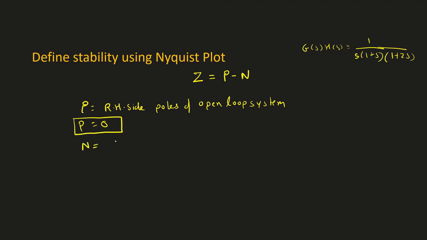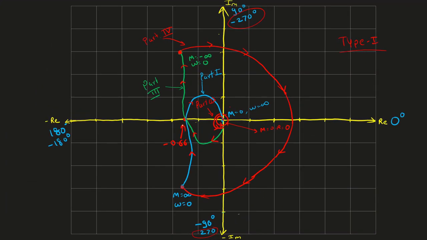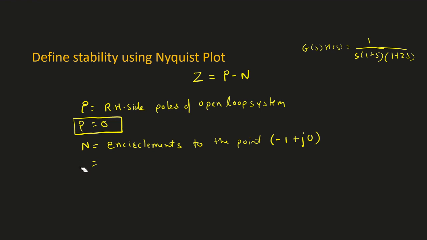Then what is N? N is the number of encirclements of the point minus 1 plus 0 times J. So how many encirclements are there of minus 1 plus 0j in our graph? Let's see the graph. The point minus 1 will be here. For this point, we don't have any encirclement by the Nyquist plot. So the value of N here is 0.